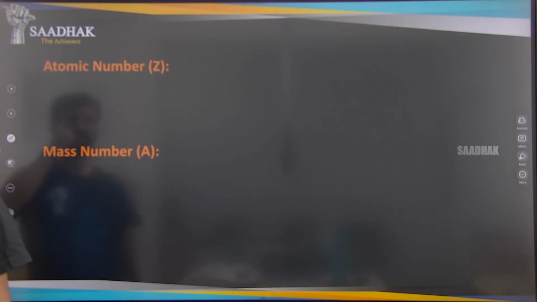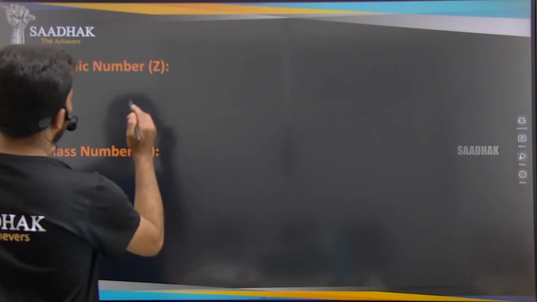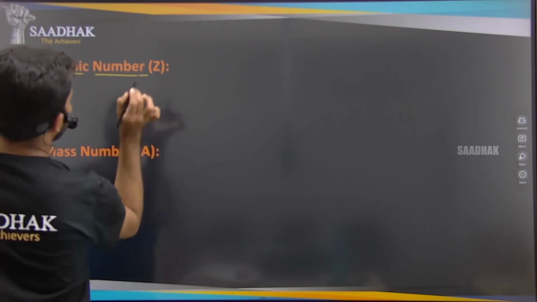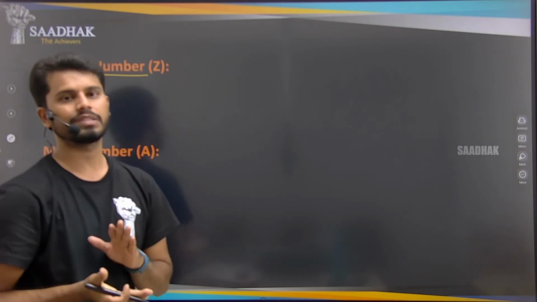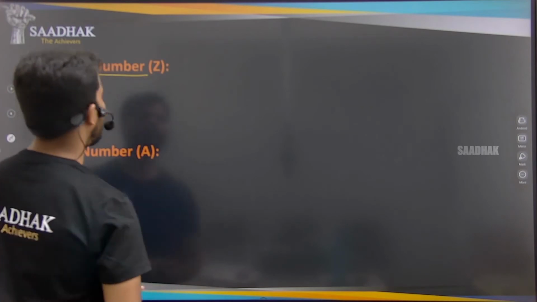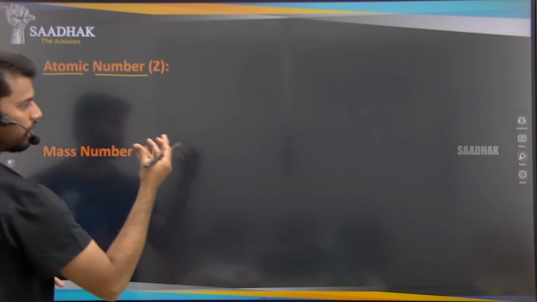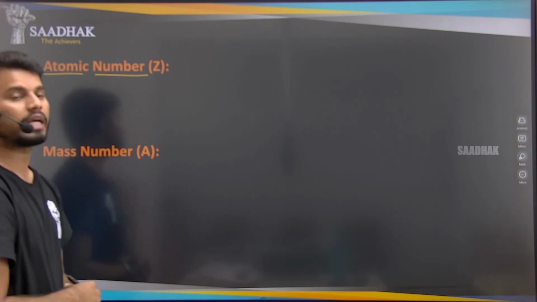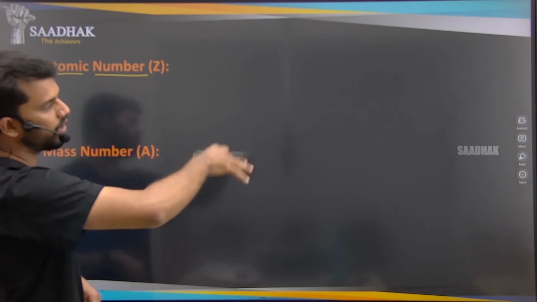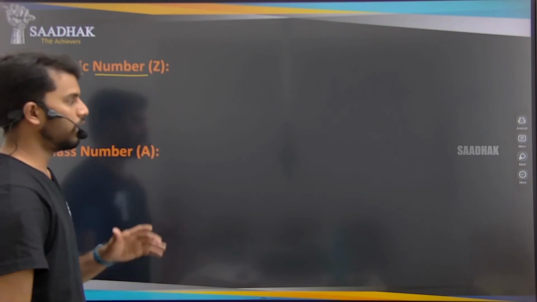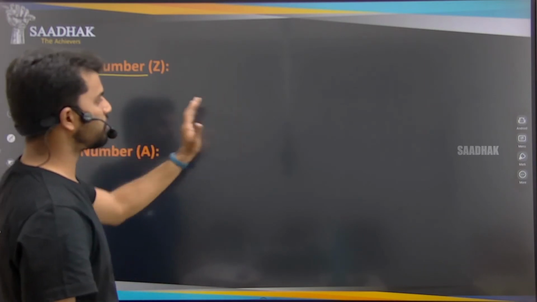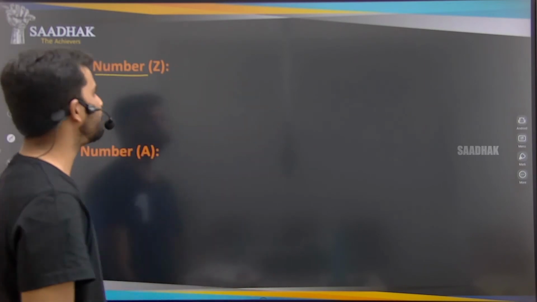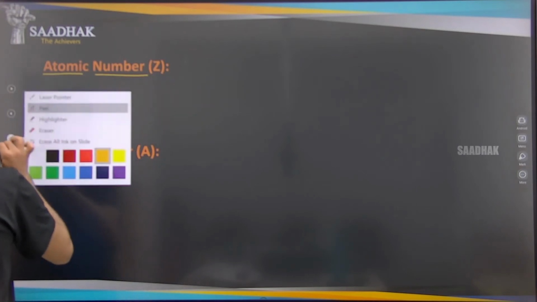So next we have the atomic number. This atomic number has been derived by using the protons, neutrons and electrons, as well as the nucleus, right? We said the positive charge is in the nucleus and the electrons are revolving around the nucleus, right? By that assumption and by the experimental proofs, we found the atomic number.